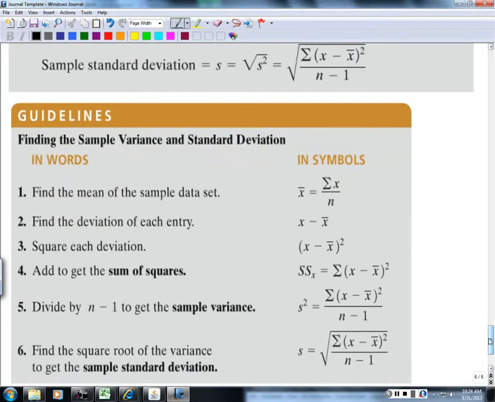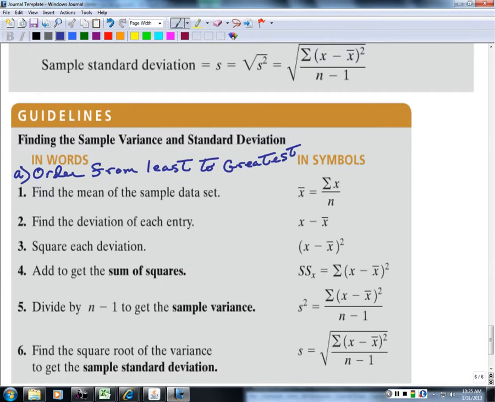All right. Once again, I want to make sure that we order, or sort them, from least to greatest, however you want to put it. And we do the exact same thing. We find the mean. Now, instead of using mu, we use x bar.